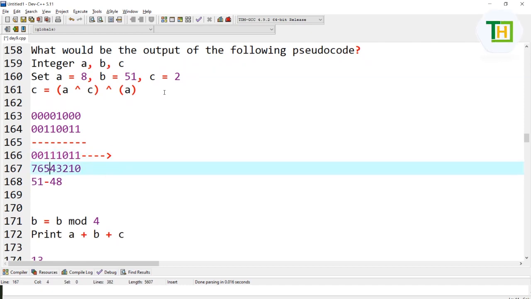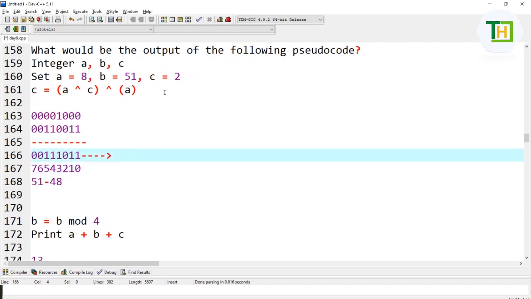2 power 5 is going to be 32, plus 16, this is 2 power 4, and then 2 power 3, that is going to be 8, and it is going to be 3 here. That means 51 plus 8, that is going to be 59 is the answer.